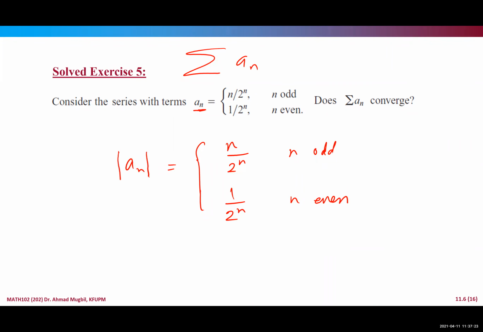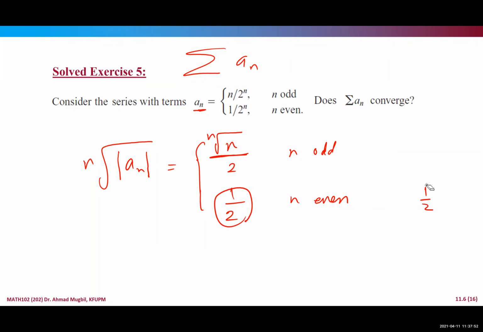root test. The absolute value, this is positive, no problem. Take the nth root. When you take the nth root, what will you have here? You will have the nth root of n. The nth root of 2 to the power n will be 2. The nth root of 1 will be 1. Now what is the limit of this when n goes to infinity? Of course, a half is a constant. What about this? The limit of this is 1.